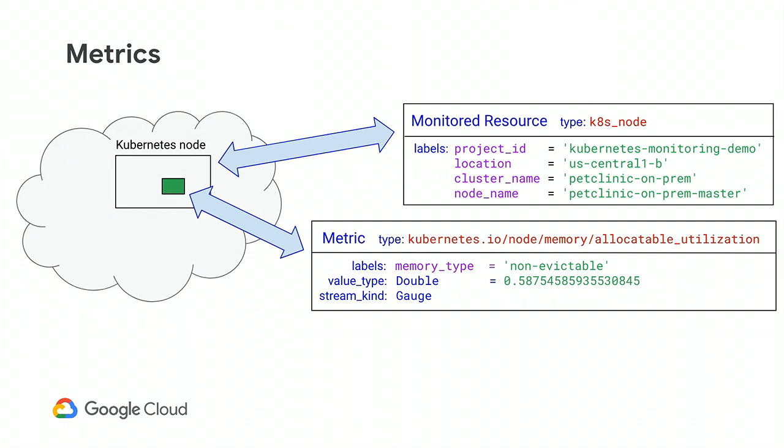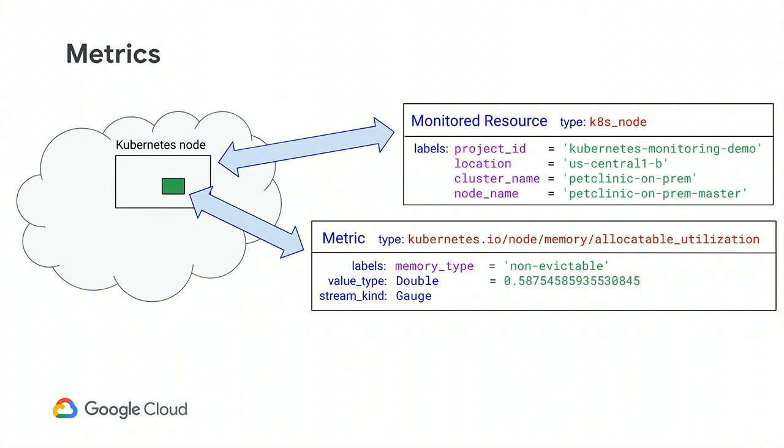Gauge means that it's a state of the system that we can observe and that we'll sample to gather data from, being the amount of memory in use at that time. The other kind of stream that we see typically is a delta stream, where each point is the sum of some value, like the number of queries I've received or the number of CPU seconds I've used over some specific time period.